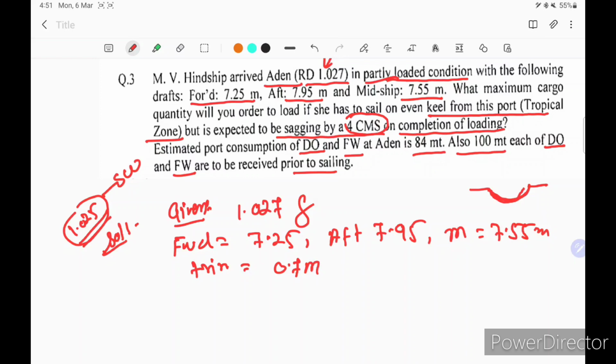Now, what is given? The maximum quantity you load even in the tropical zone. We have port consumption also. So port consumption of diesel oil and fresh water is a total of 84, so it will be minus.